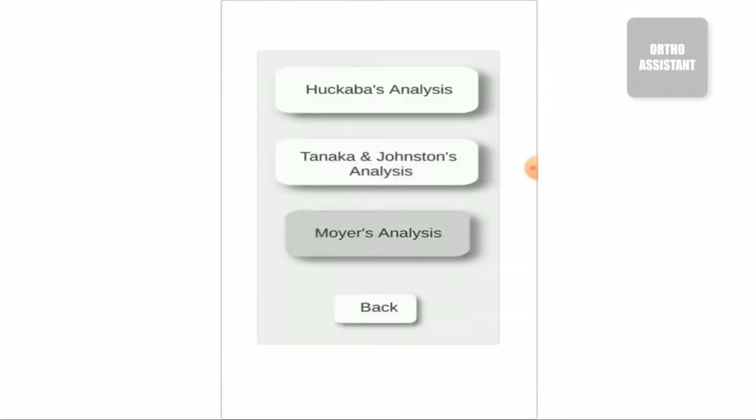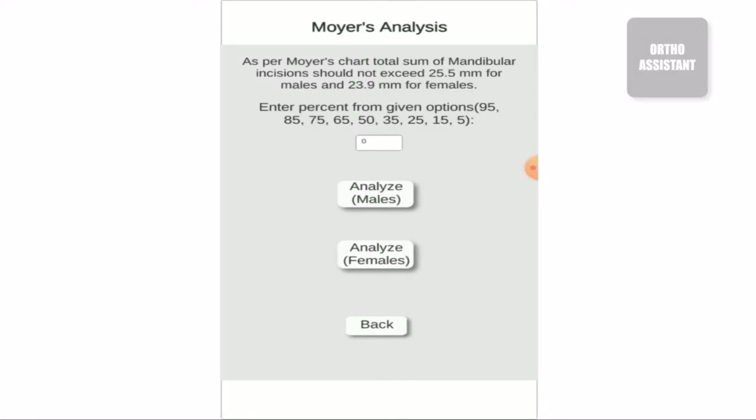Now come to the Moyers analysis. You choose the percentile you want to enter. It is given for all the percentiles available in the Moyers chart, from 5 to 95 percentile. Usually it is done on the 75, but you choose whatever is accurate for your particular region.